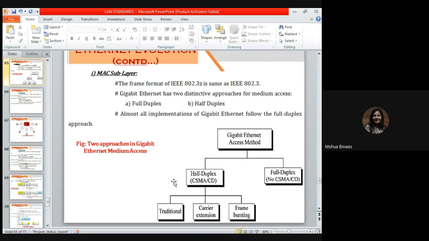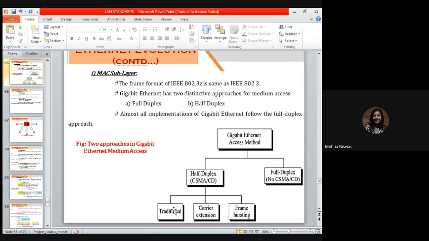In half duplex, collisions normally happen, so they have used some approaches so that this collision problem will at least be reduced. The first is the traditional one.